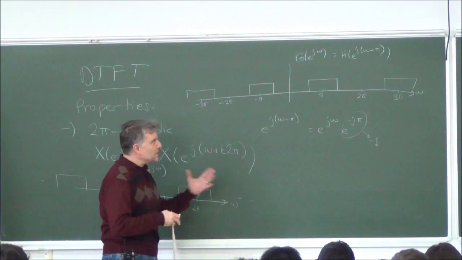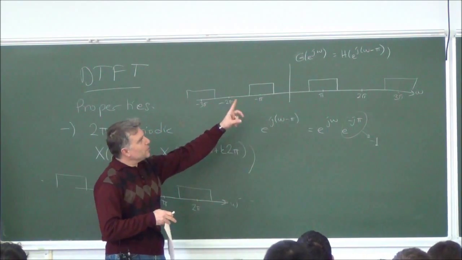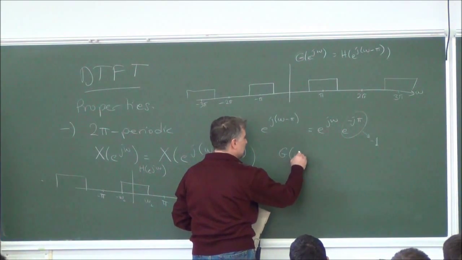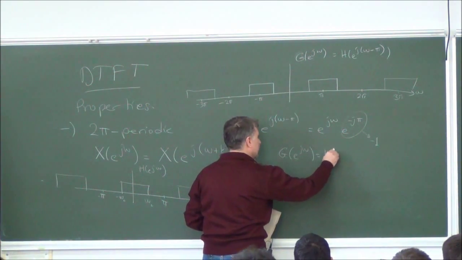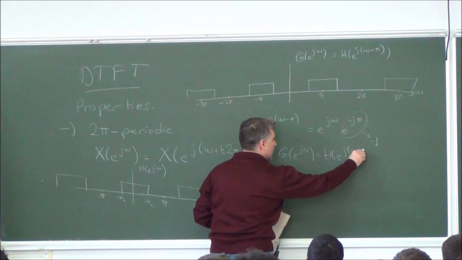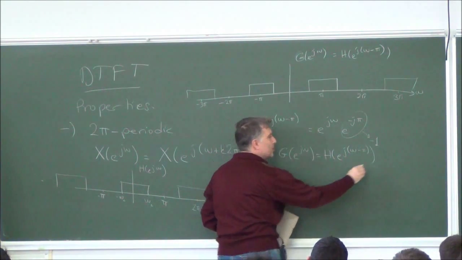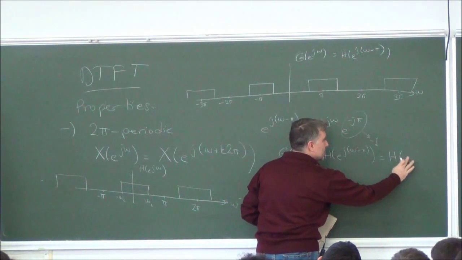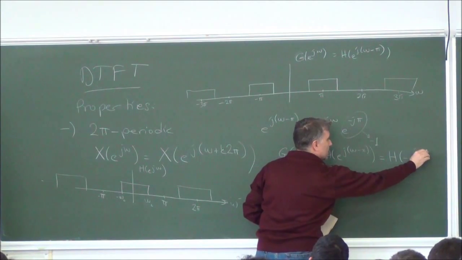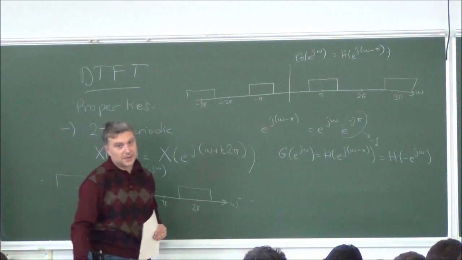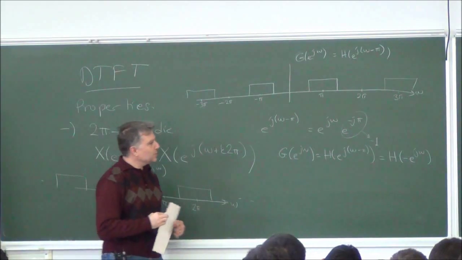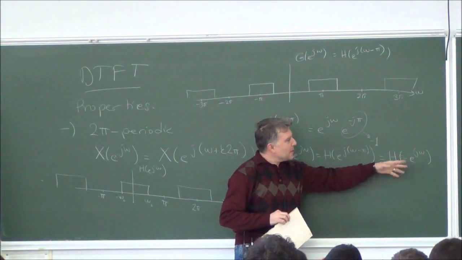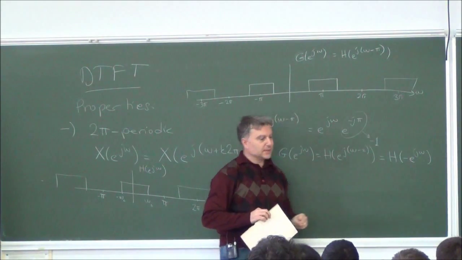So, interestingly, H of e to the j omega minus pi, or let me repeat it here, could also be expressed as H of minus e to the j omega. That's very strange. By putting a minus sign here, I make things to be pi shifted.